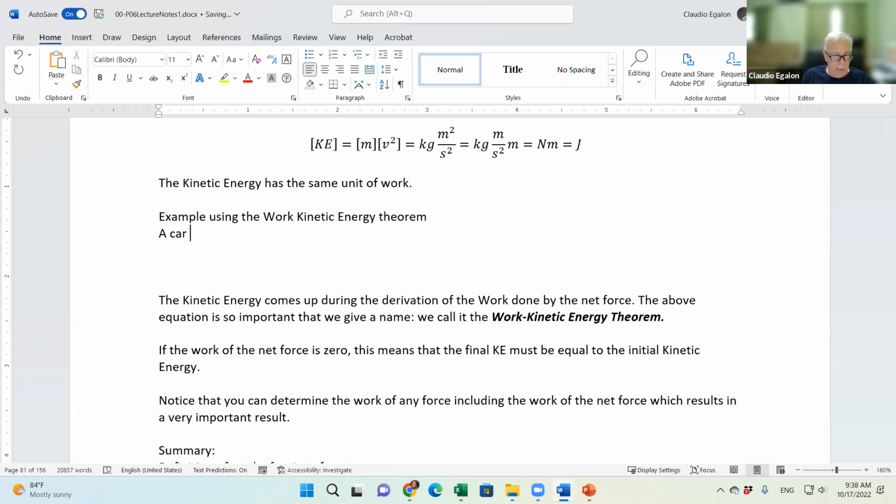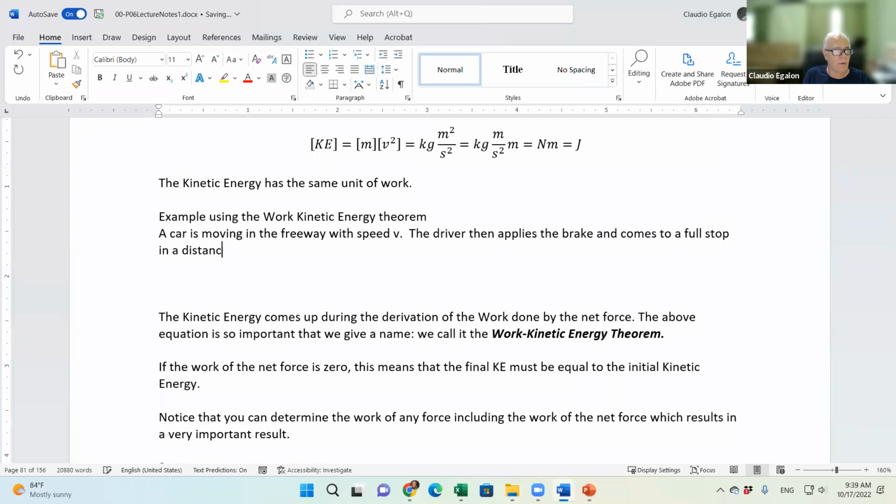A car is moving in the freeway with speed v. The driver then applies the brake and comes to a full stop in a distance d.